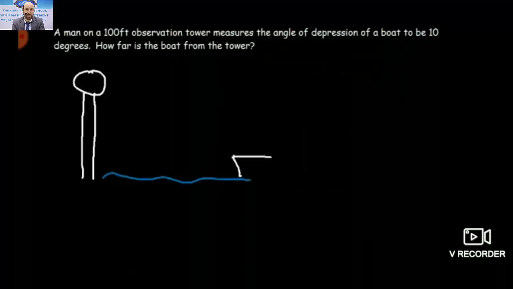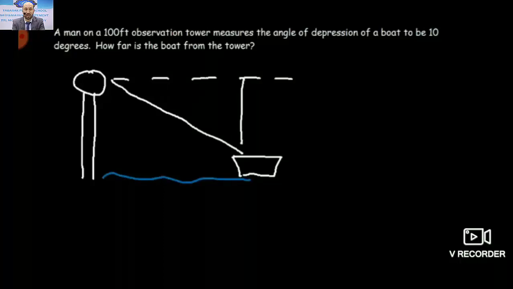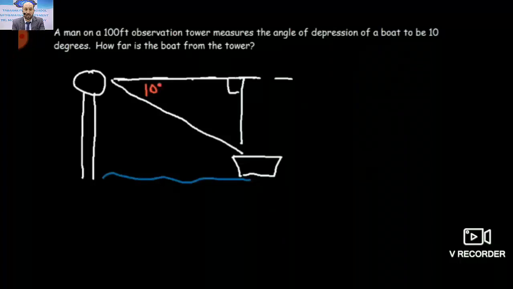Here is the sea and here is the boat, and you see it from up to down. It will be a depression angle like this. Now we need to find the distance between the boat and the tower, and we have to construct the right angle triangle.